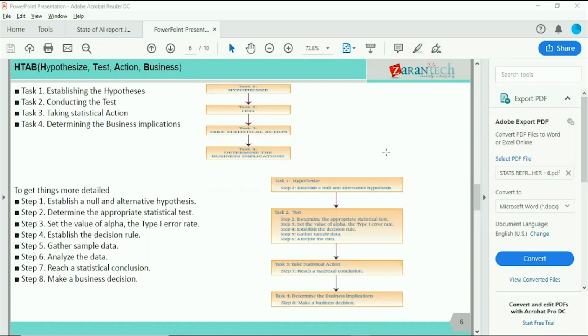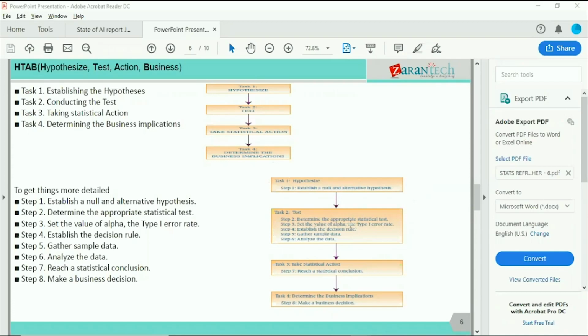So I was saying about this methodology, which is HTAB. What do we do? First step is to establish the null and alternate hypothesis, which will give us direction. What do we want to achieve or proceed with? Then the second phase is the test phase. What do we do in the test phase? We determine the appropriate statistical test that needs to be taken to establish or reject this hypothesis.